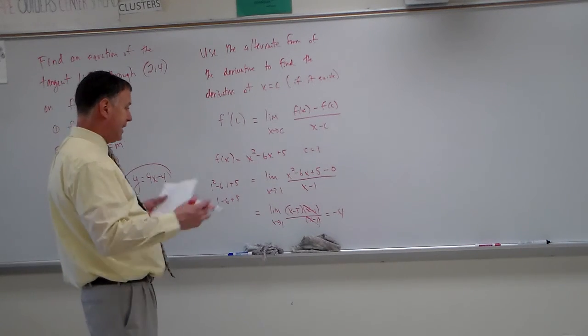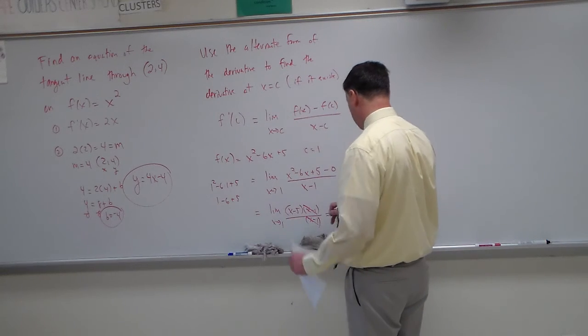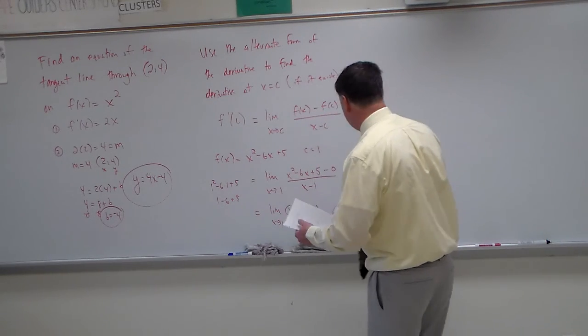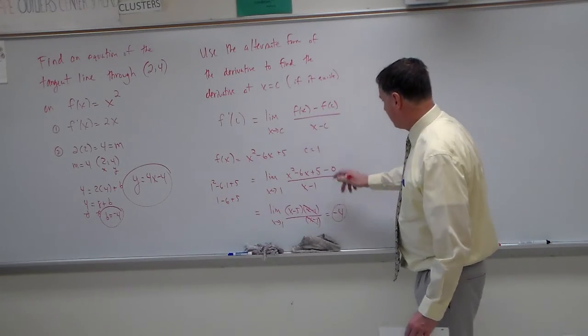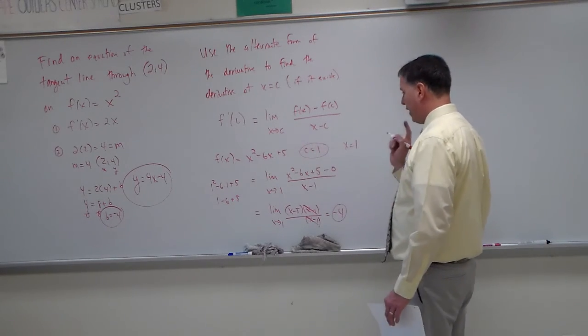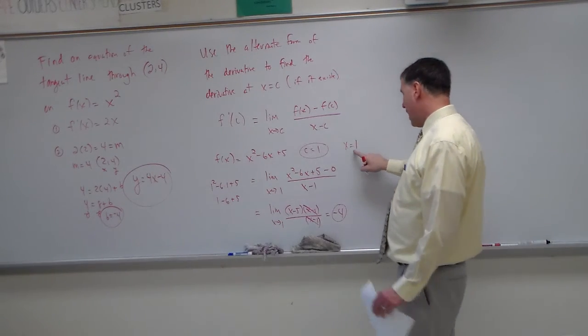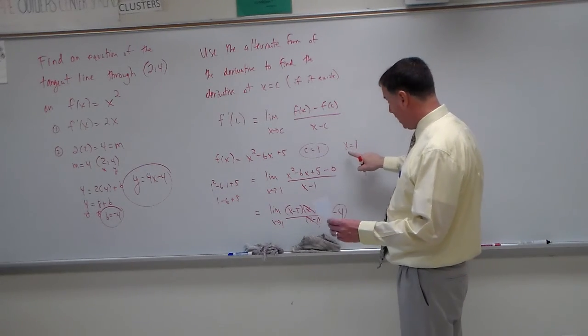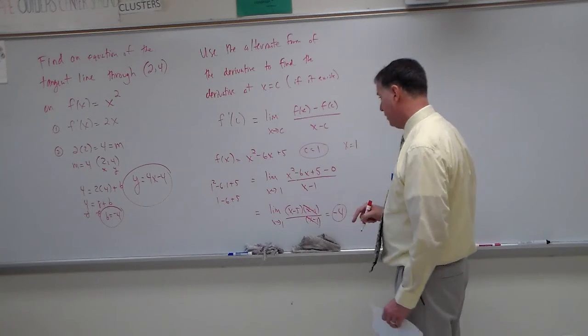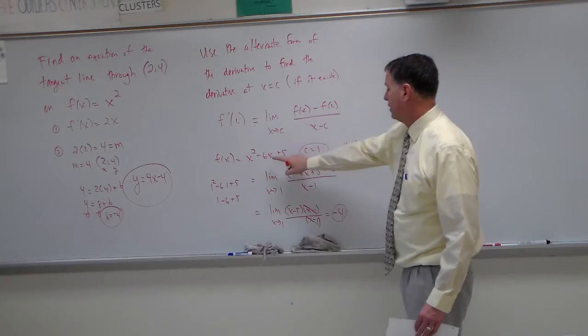So if I wanted to find a tangent line for that, that's the value of my slope, negative 4. Now it says when c equals 1, which means when x equals 1. If I want to find out what my y value is for that, I plug it into my function: 1 squared minus 6 times 1 plus 5.